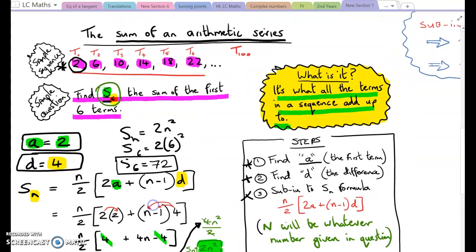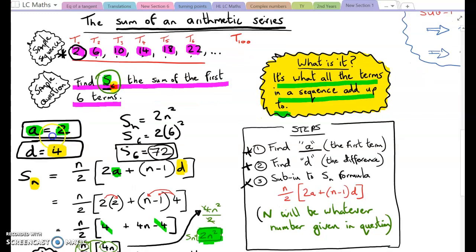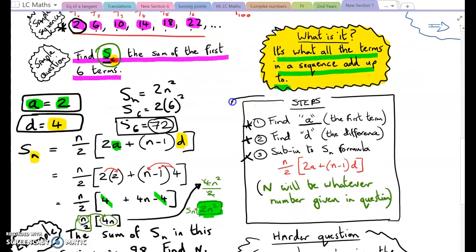Of course, I could just do it on my calculator, 2 plus 6 plus 10 plus 14 plus 18 plus 22, and I would get 72. But I'm doing it mathematically, so that I know how to do much harder ones. Like, what's the sum of the first 100 terms? Are you really going to write out 100 numbers and add them all together? It would take too long. So that's why we must follow these steps and get used to following these steps to create the SN formula.